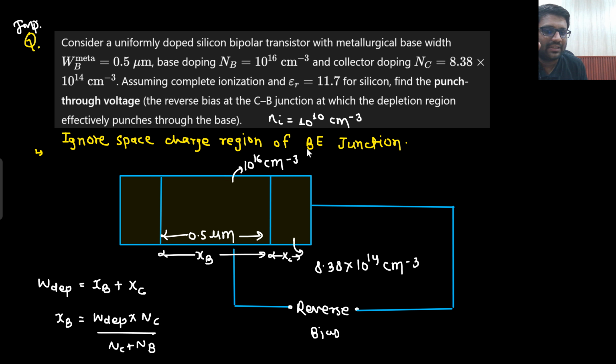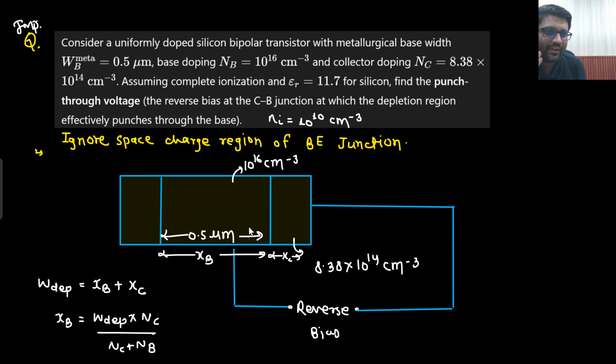Ignore space charge region of the emitter junction. That means whatever depletion region comes from there, we need to ignore. So I don't need to consider emitter. This kind of question we have already solved in PN junction. Simply it is a PN junction question where they are asking how much reverse bias I need to apply such that this gets completely depleted of charge carriers. That's it.